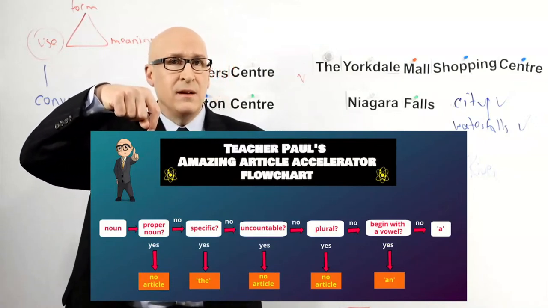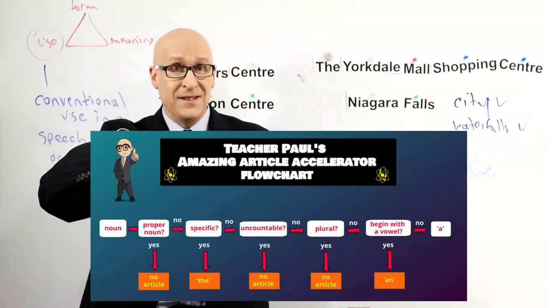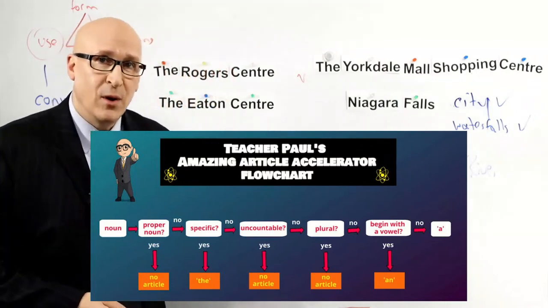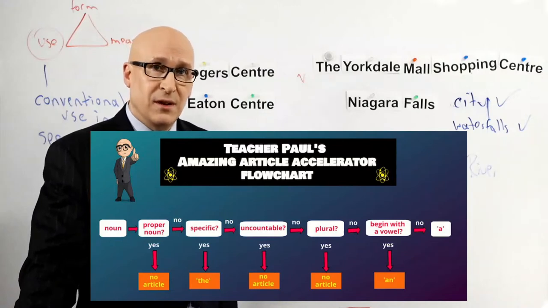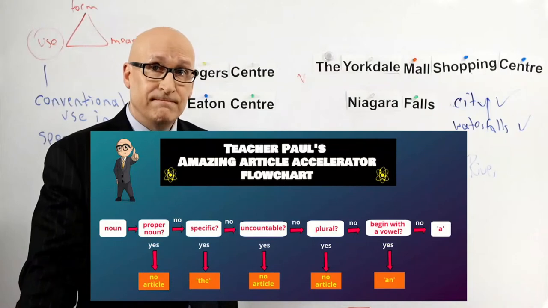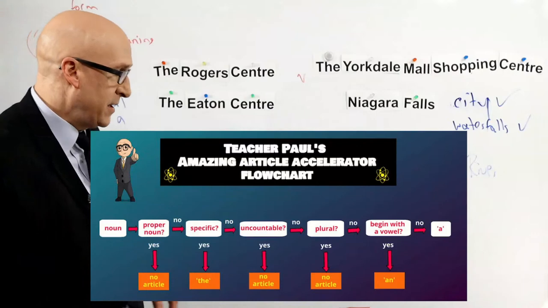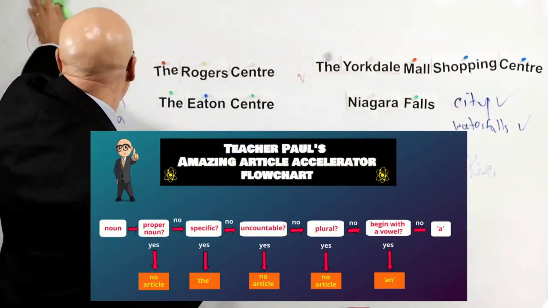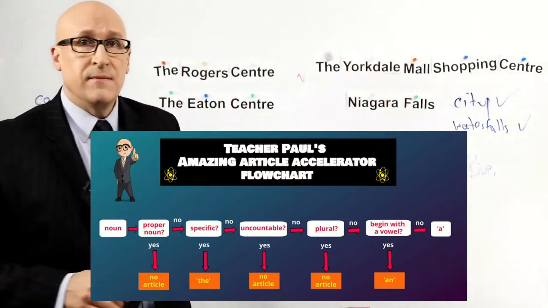Is it a proper noun? Yes. Okay, no article. Usually. Actually, I should put a little connecting dot here from no article to the. This is not entirely true. Proper nouns sometimes get an article. So, let me summarize this for a second. And this is why I think students get confused.